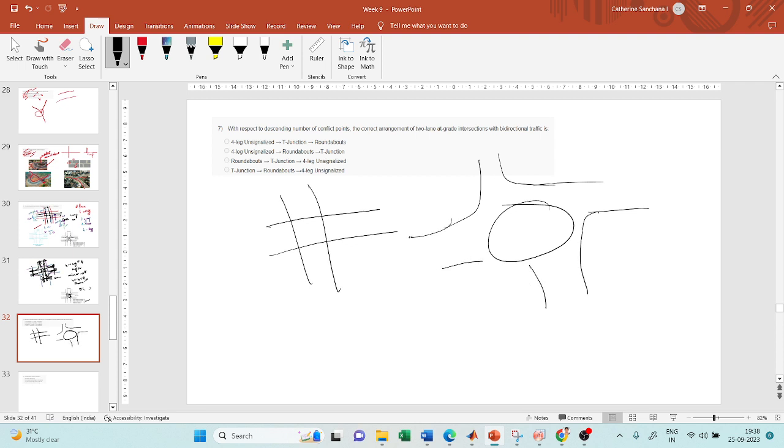In such a case, there won't be cross conflict points at all. It will reduce the major conflict points. If I want to go straight also, I will just make a turn and go here. So everywhere it is just kind of merging. So when you do this, from 32 you will reduce the conflict points to 12.